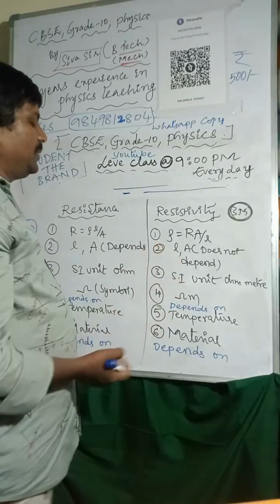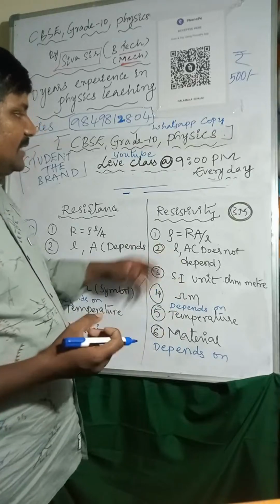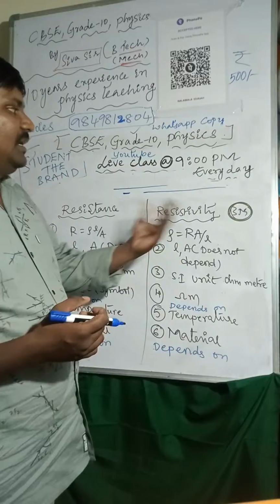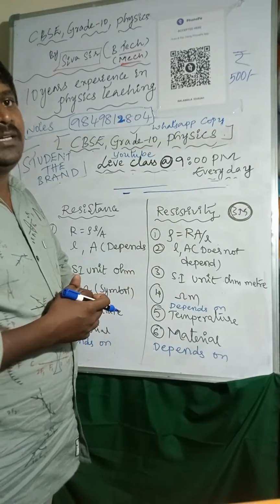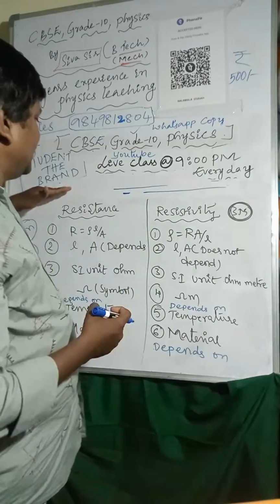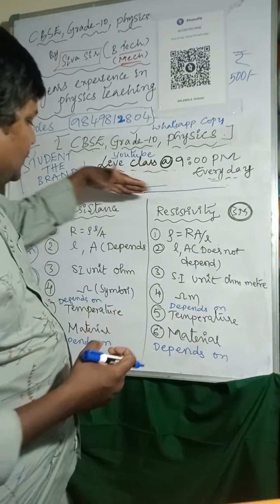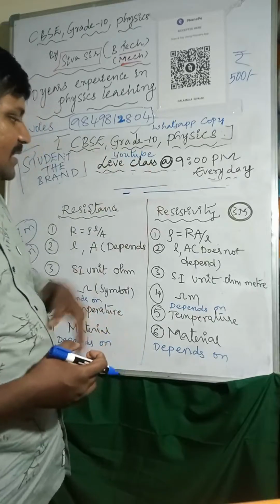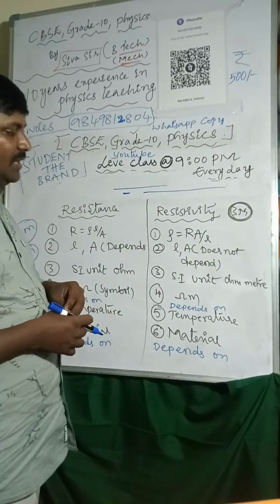Now I have explained resistors connected in series and resistors connected in parallel. Next, these are the differences between resistance and resistivity.